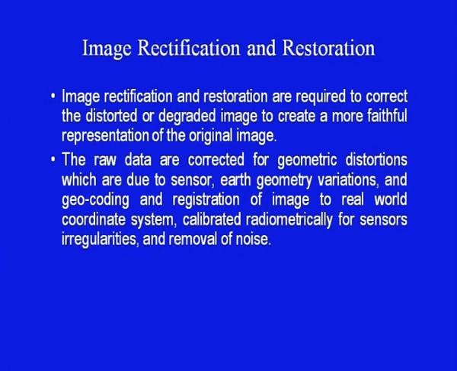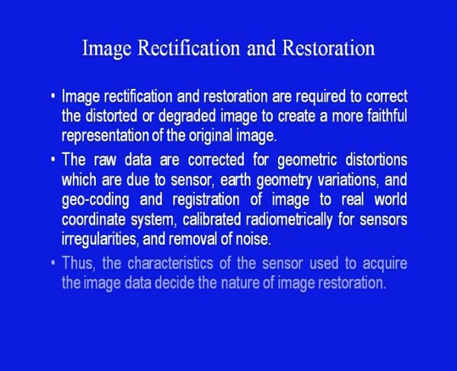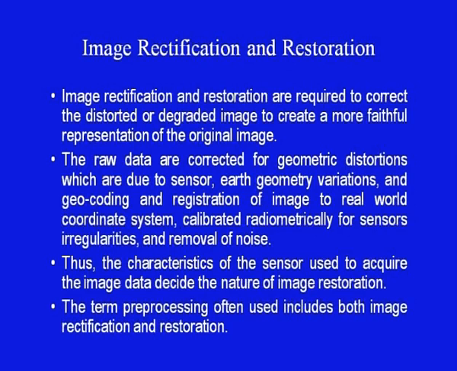The raw data are corrected for geometric distortions which are due to the sensor and earth geometry variations, and for geocoding and registration of the image to the real world coordinate system, calibrated radiometrically for sensor irregularities, and cleaned of noise. Thus, the characteristics of the sensor used to acquire the image data decide the nature of the image restoration. The term pre-processing often used includes both image rectification and restoration.